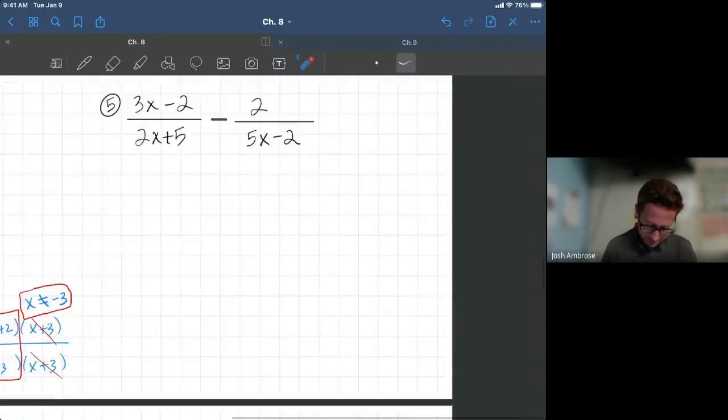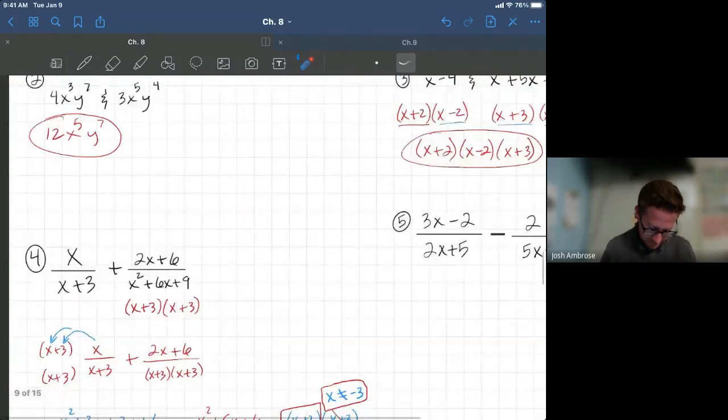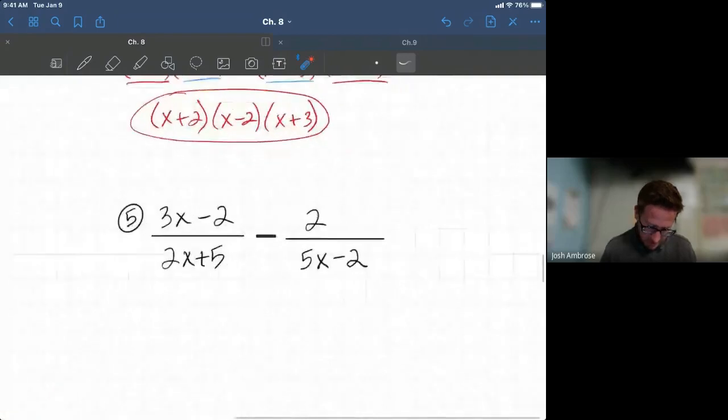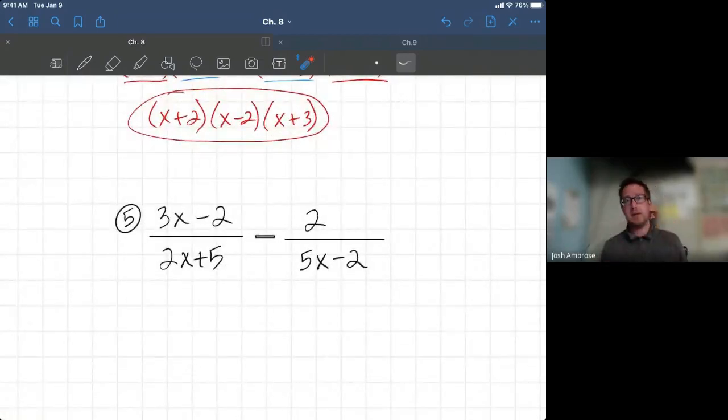Number 5. All right, here we go. We don't have anything that we can simplify right here. So we immediately have to start figuring out what my common denominator is. And I'll tell you, 2x plus 5 cannot magically become 5x minus 2, and vice versa.